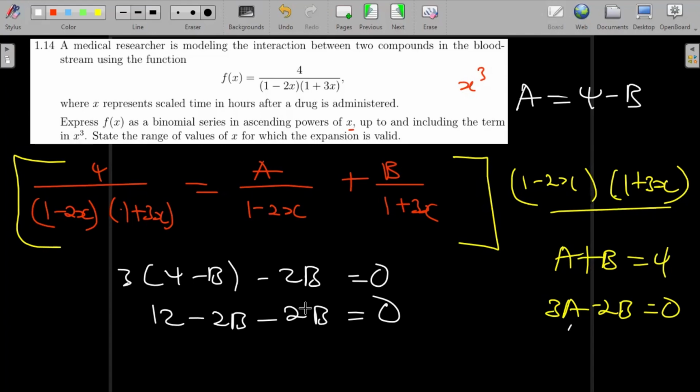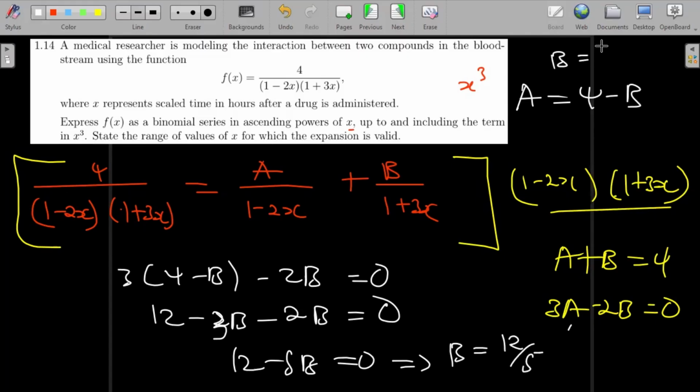Okay, that's what we're going to have there. Oh, this one is 3B here. So it will be 12 minus 5B is equal to 0. So this implies that B is equal to 12 over 5. So I found my B to be 12 over 5.